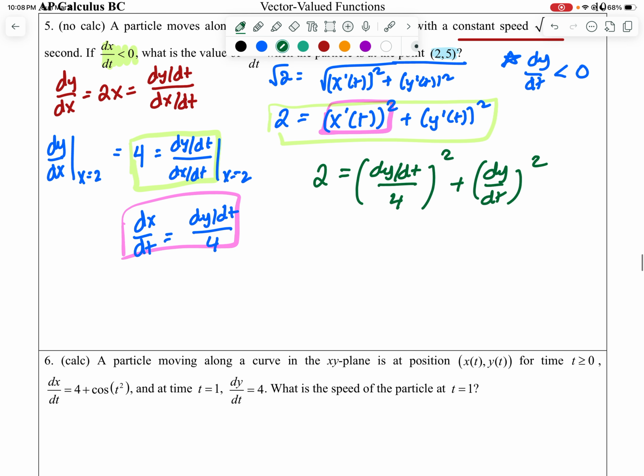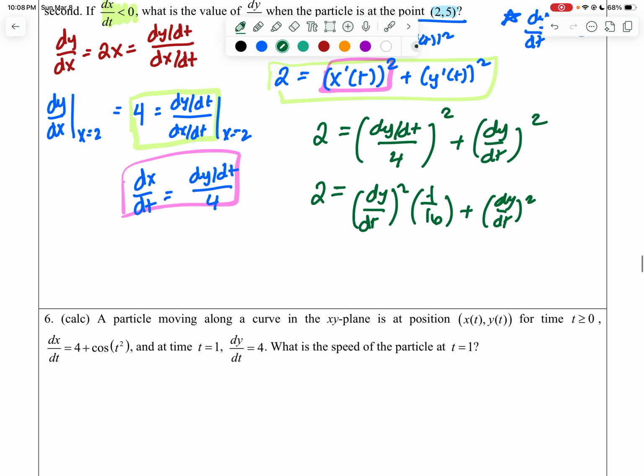If I simplify this down a little bit, I'm going to get (dy/dt)^2 times 1/16 plus (dy/dt)^2, which means I get 17/16 (dy/dt)^2, and then I'm solving for dy/dt.